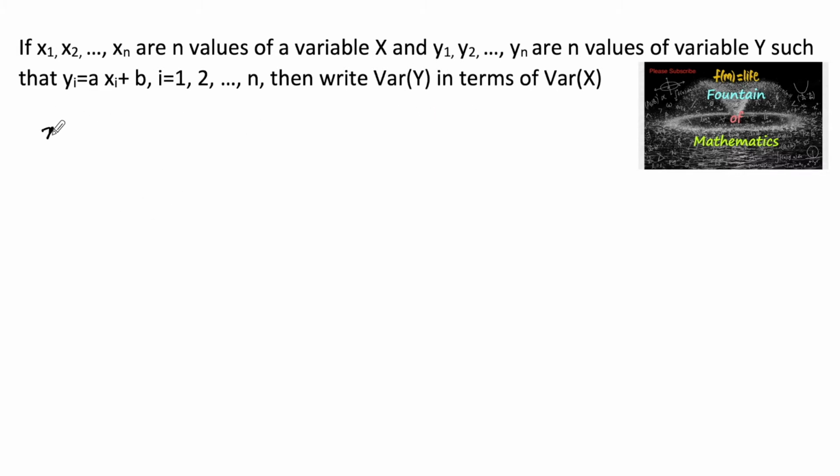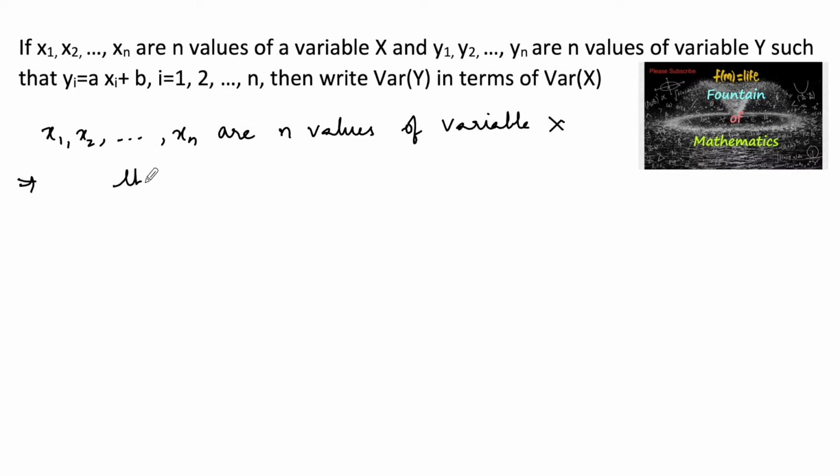So here, given x1, x2, and so on xn are n values of variable x, their mean is equal to the sum of the observations divided by the number of observations, which is taken as x bar.